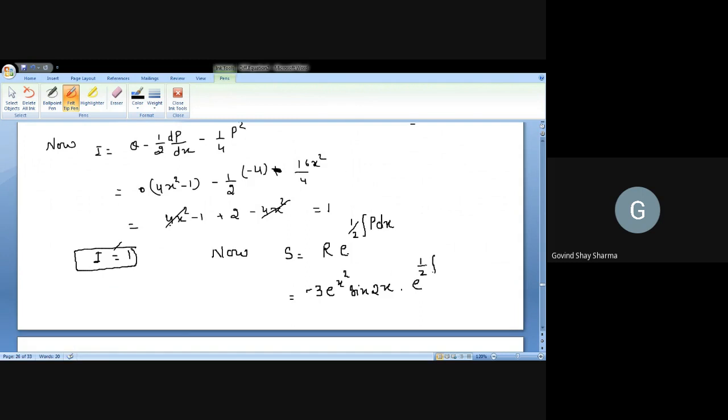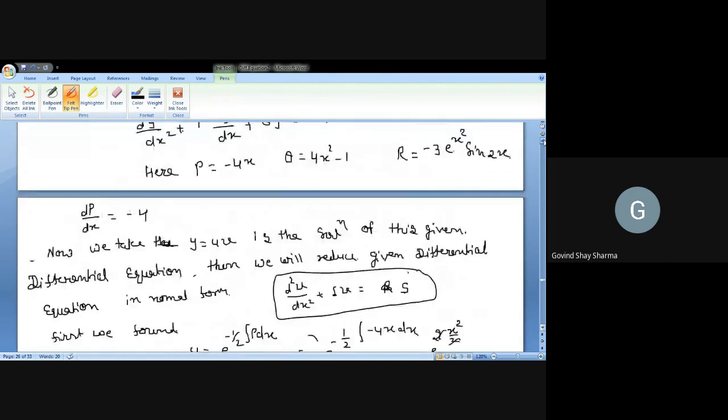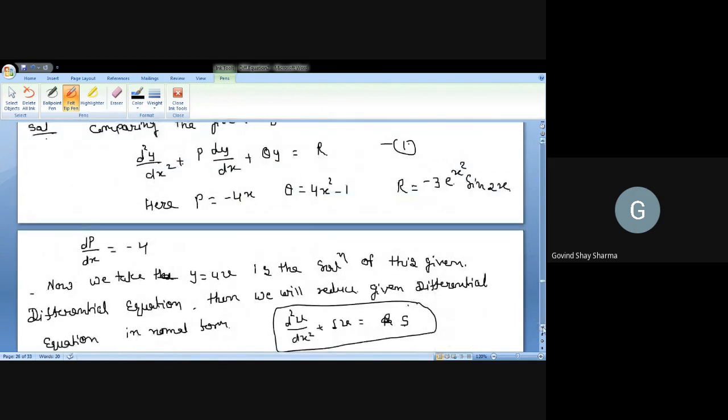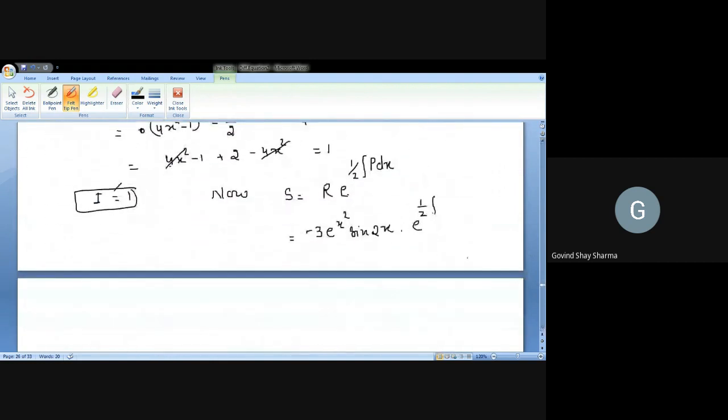We know the p value is 4x, I think, so minus 4x dx. So we get minus 3 e to the power x square sin 2x.